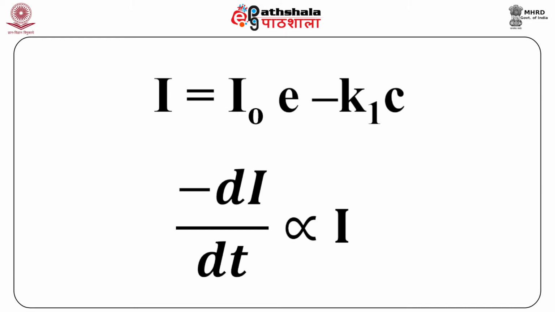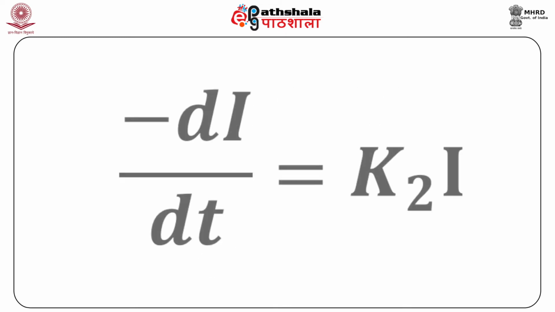This suggests that the decrease in intensity of the incident light I with thickness t is proportional to the intensity of incident light I.